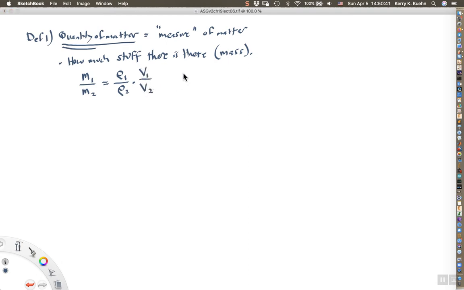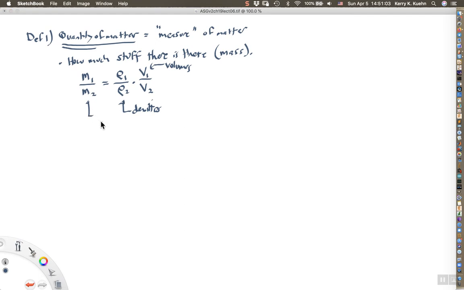So this is how he's thinking about that. If you want to compare how much quantity of matter, or we would say mass, are in two objects, you have to compare the ratio of their densities, and you have to compare their bulks or their volumes.